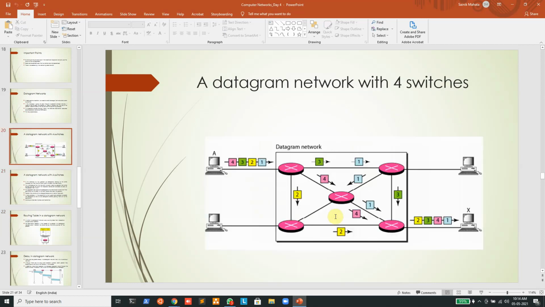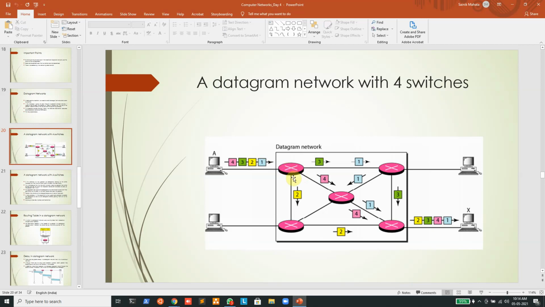If I go to the previous diagram, whenever the first switch receives the first packet, this packet will contain a destination address, and that will be the header of this packet. Based on this destination address, the switch will have a routing table, and based on the routing table, the switch will understand that from my port number 4, I will send the data that contains the specific destination address.